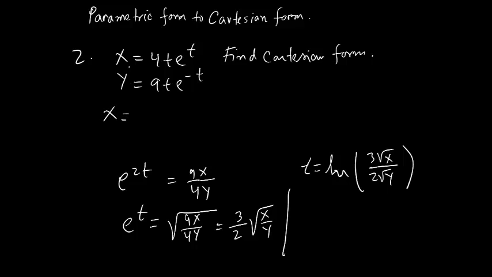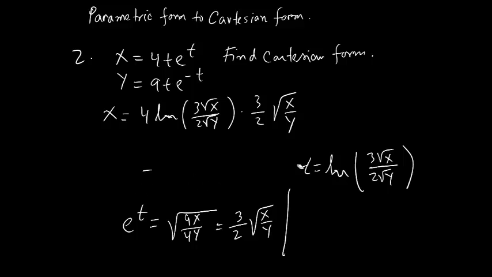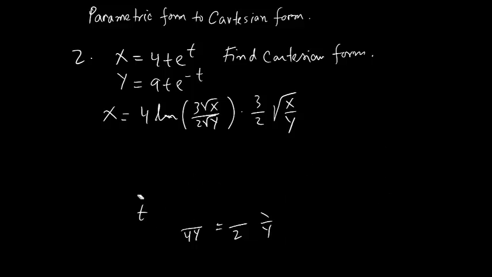You can take either equation. I'm taking the first one, x equals 4t e to the t. For my t is this one, natural log of 3 square root of x over 2 square root of y, and then e to the t is 3 over 2 square root of x over y.